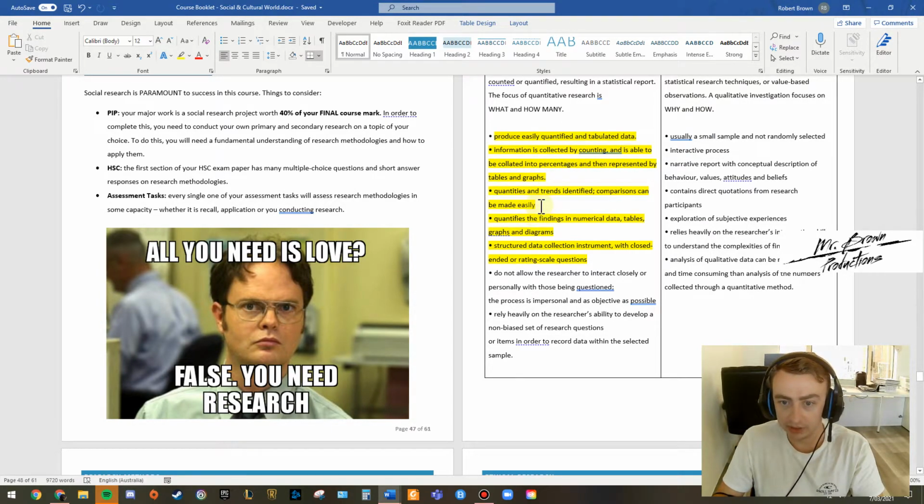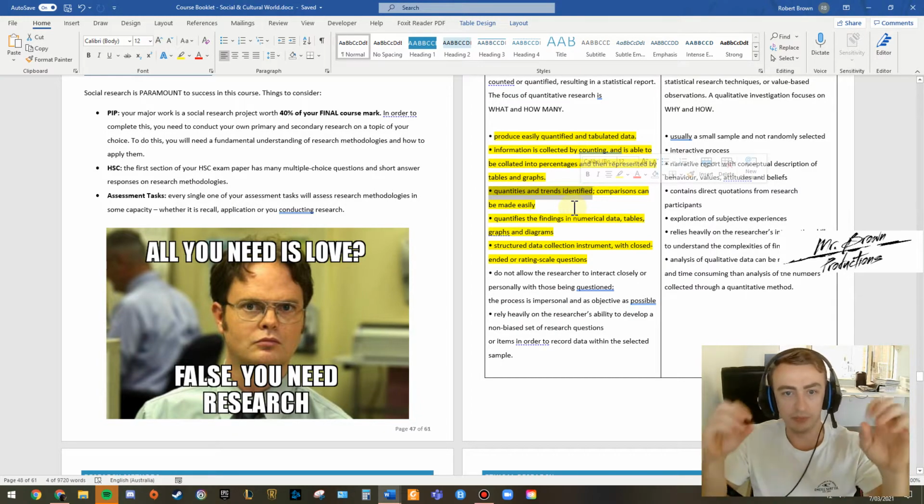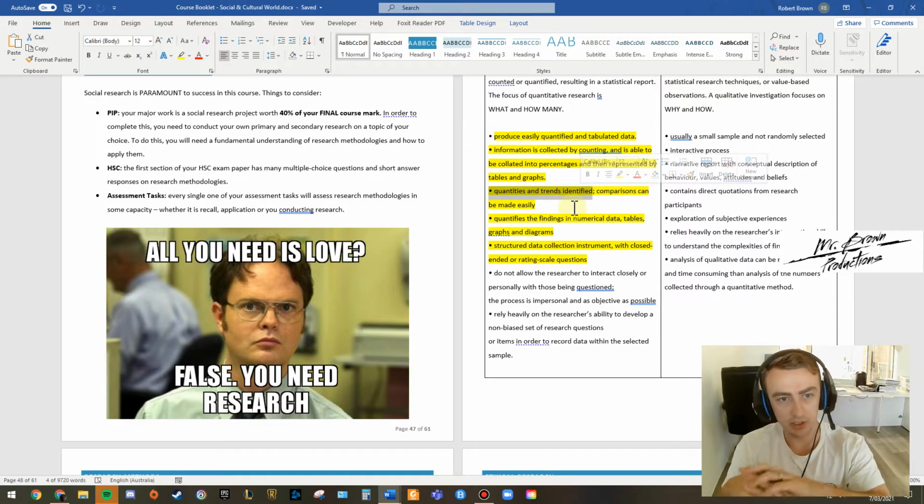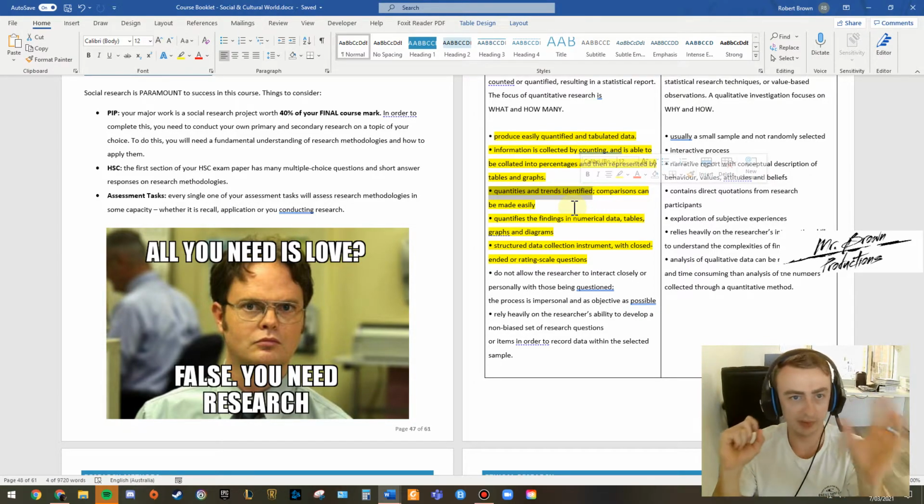So that's another strength. A third strength here is that quantities and trends can be identified and comparisons can be made easily. So that first part, you might notice when you pick apart all the percentages in your questionnaire or survey, you might find that, okay, 90% of males said that they agree with the following statement, whereas only 40% of females agreed with the following statement.